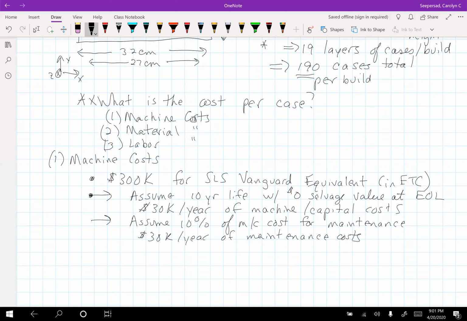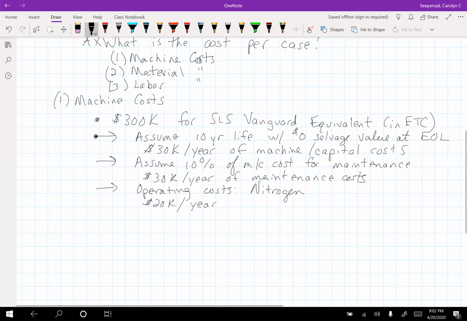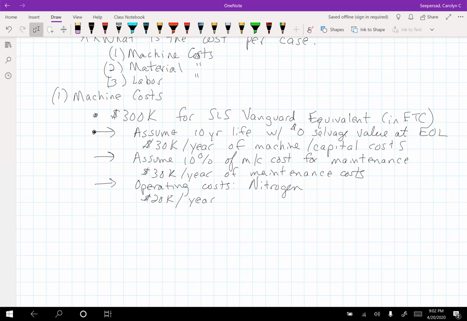Okay. Then we also have maybe operating costs just for the machine itself. That could be, for example, nitrogen. Those are expendable supplies. And I'm going to assume here that that might be, say, 20K per year if it's running a lot. So what does that add up to?